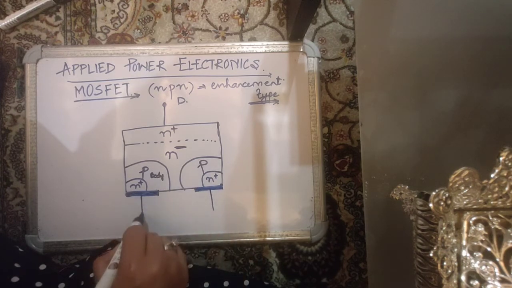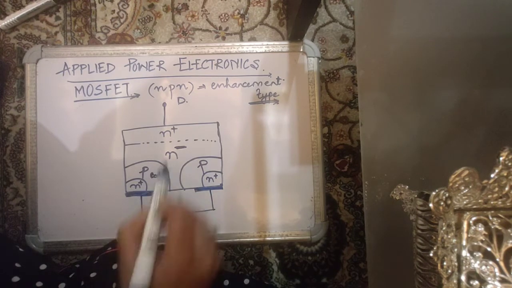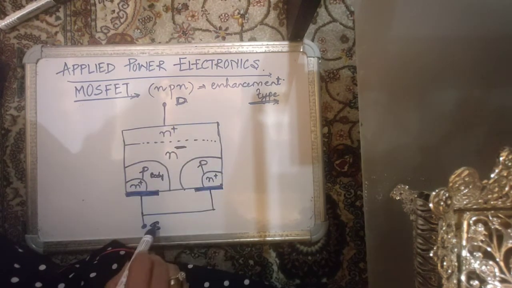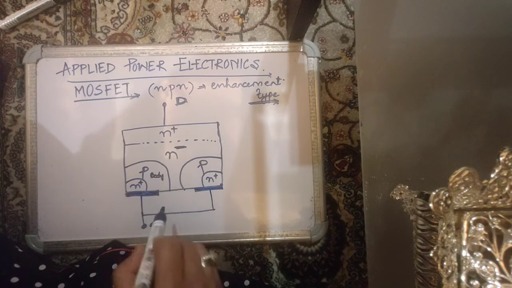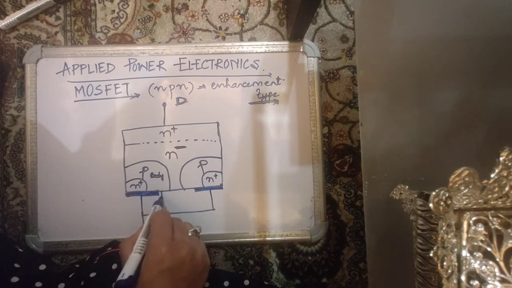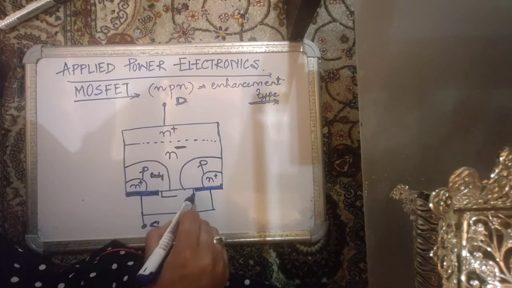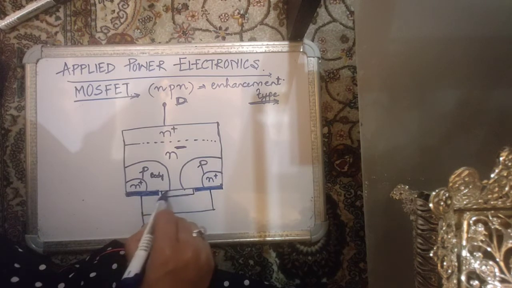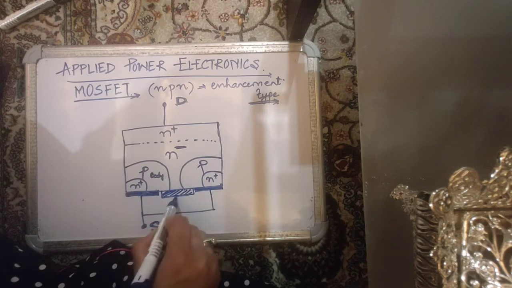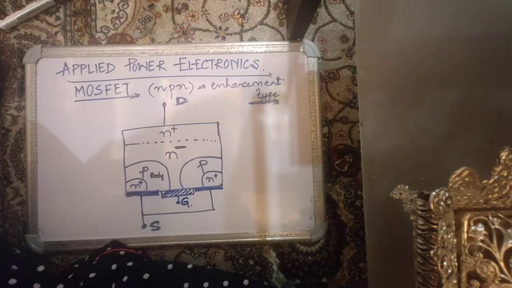And this forms your source terminal, say S. So you have the drain, you have the source, and this remaining body portion is insulated through gate oxide, and this forms your gate terminal G.